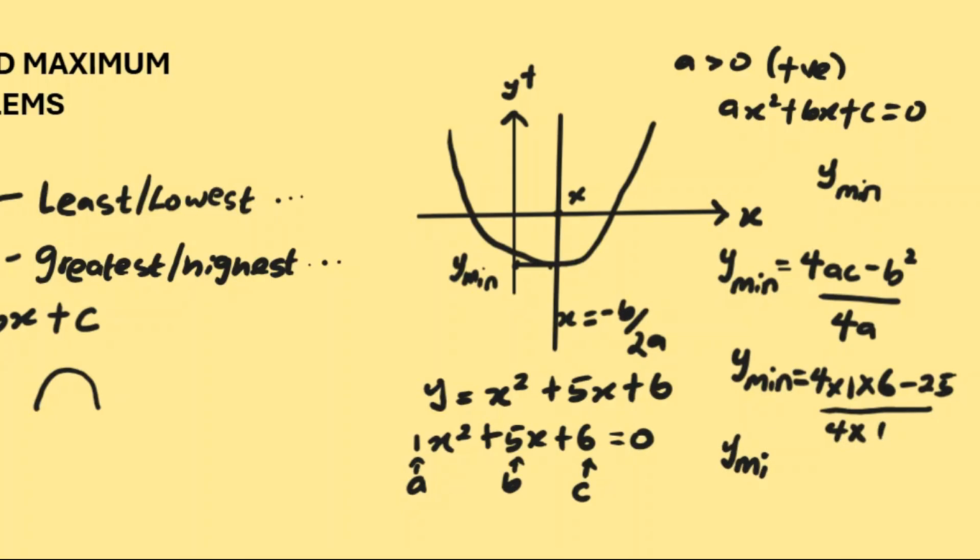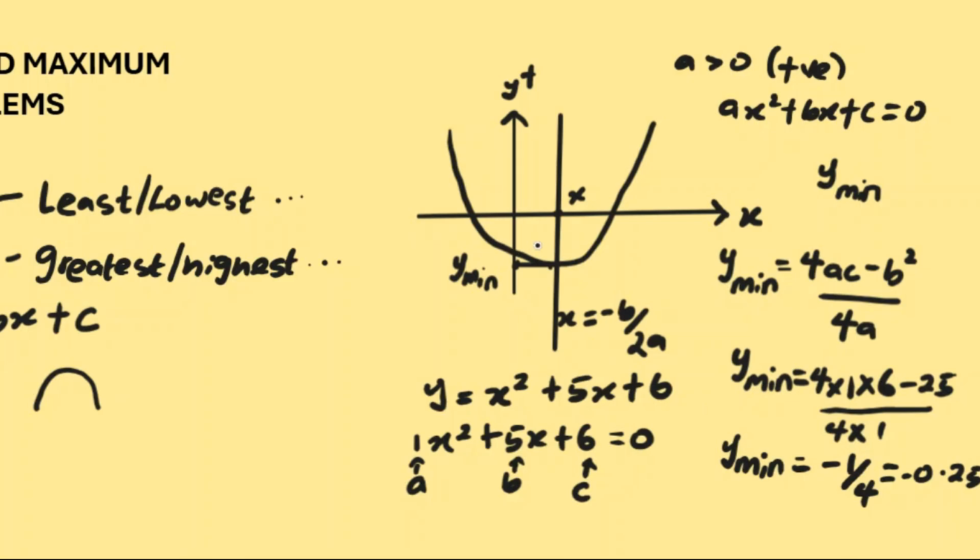So y minimum therefore gives us 4 times 6, that's 24, 24 minus 25, that gives us minus 1, divided by 4 times 1, which is 4. It means the minimum value for this question will be y is equal to minus 0.25.